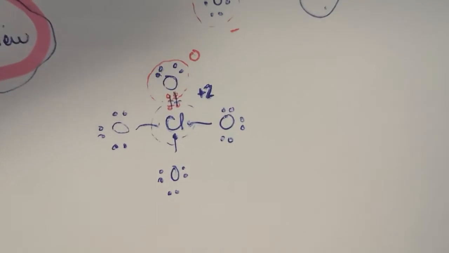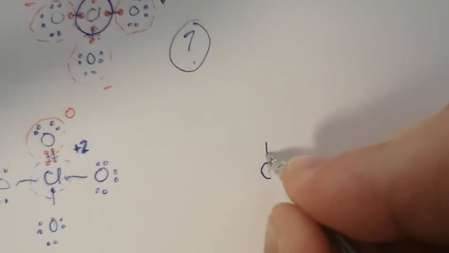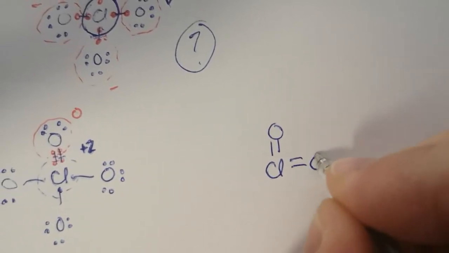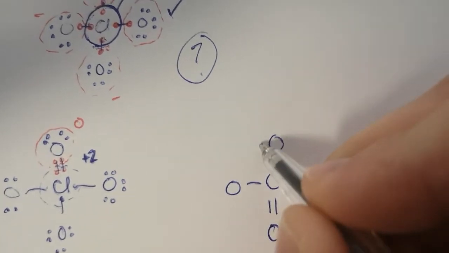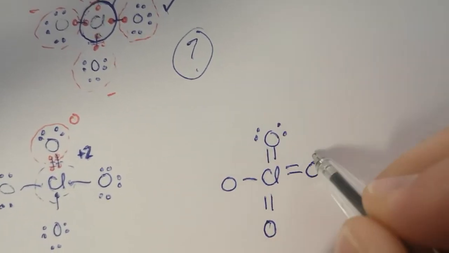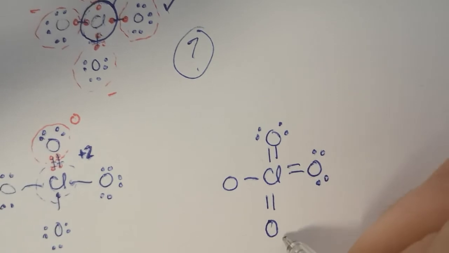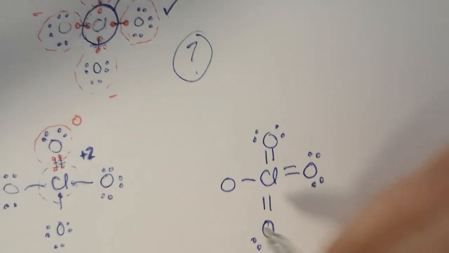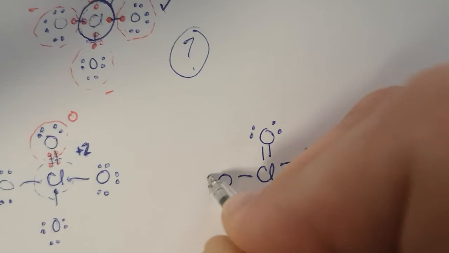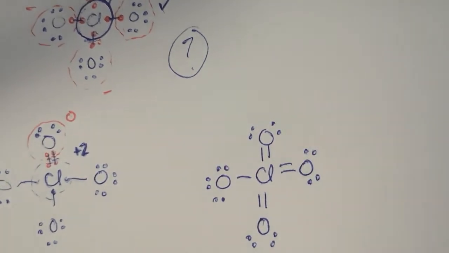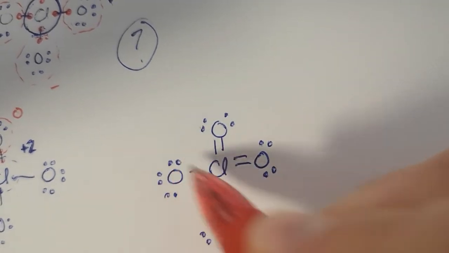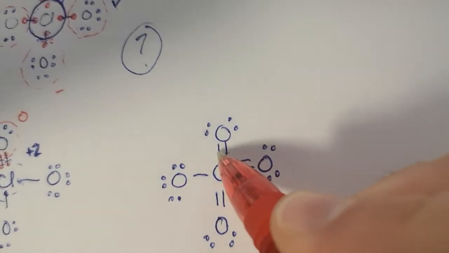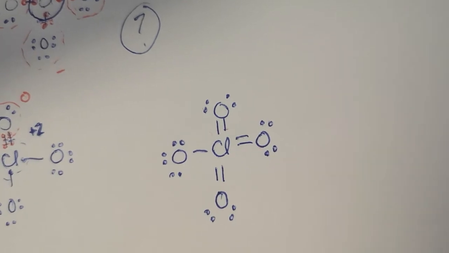If we were to find the best possible structure, our structure would be one in which we have 16 pairs of electrons. 1, 2, 3, 4, 5, 6, 7, 8, 9, 10, 11, 12, 13, 14, 15, 16. 16 pairs of electrons.